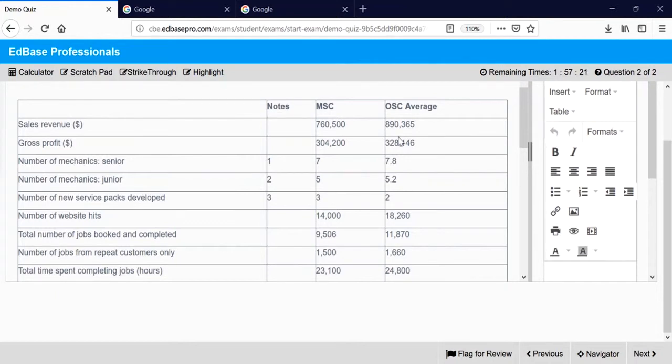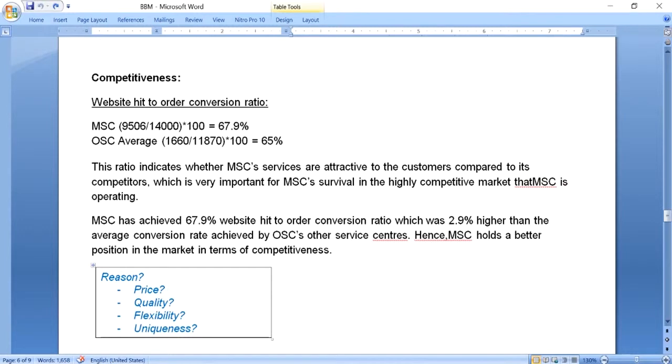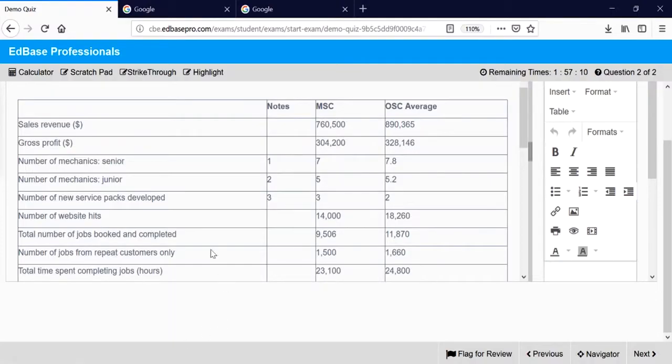All right. So within the context, how can we measure the competitiveness? So I have chosen the indicator like the website hit to order conversion ratio, because see here we are given the number of website hits, which is 14,000 for MSC and 18,260 on average for OSC, and we have the number of jobs booked and completed.